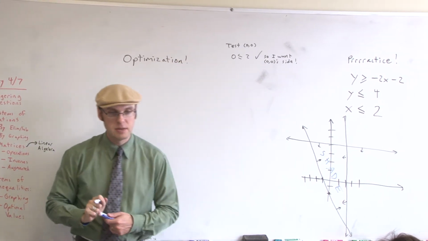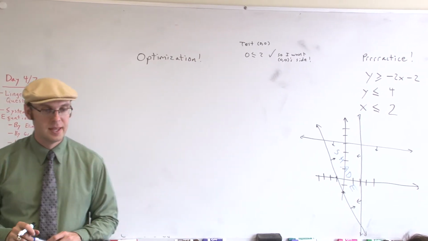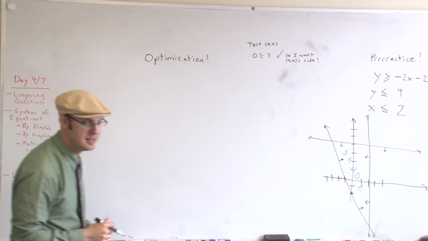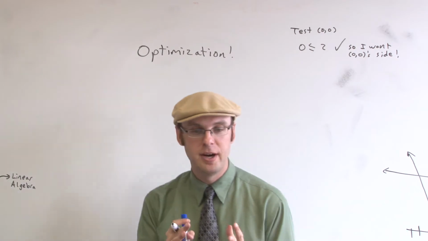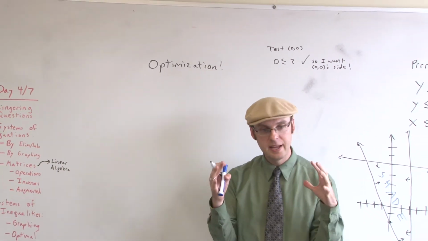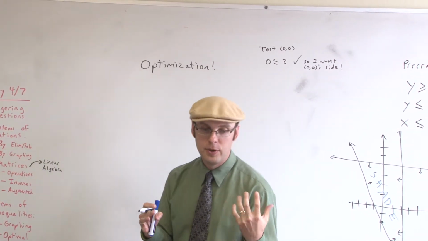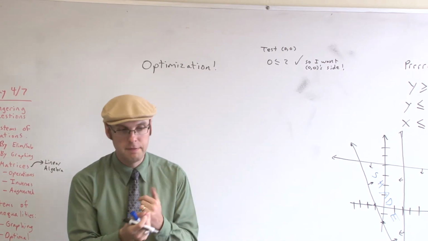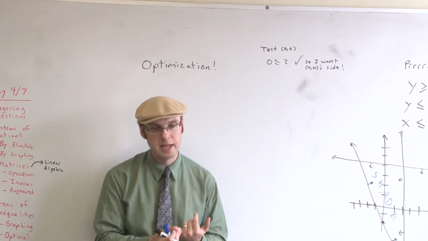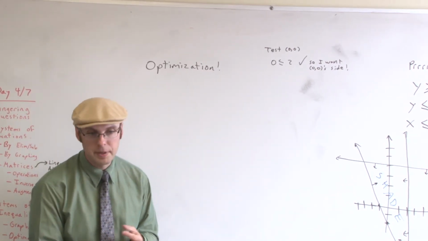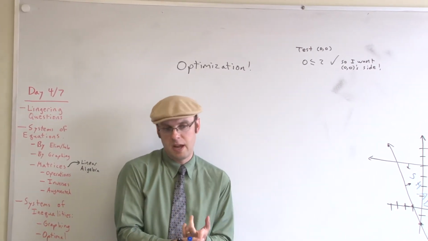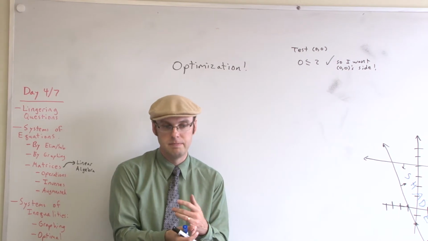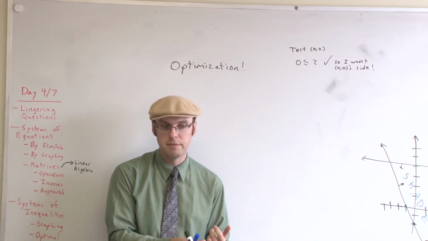So what optimization problems are all about is taking a group of constraints, which could be: this is how much it costs to make this product, this is how popular it is, this is our capacity for the factories, this is how many workers we can afford to lay off every week.